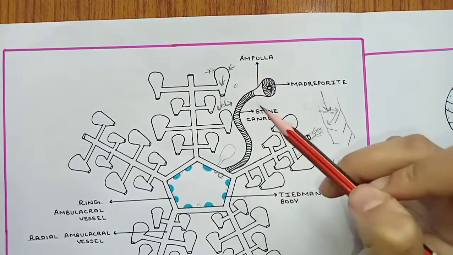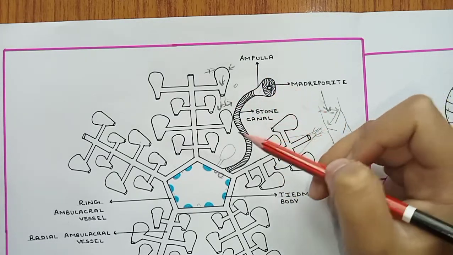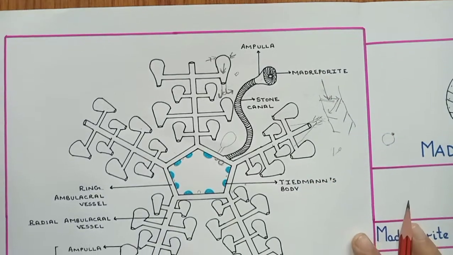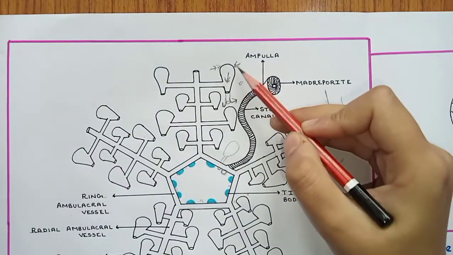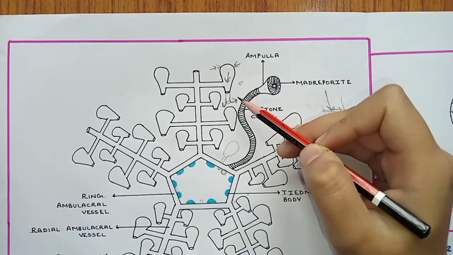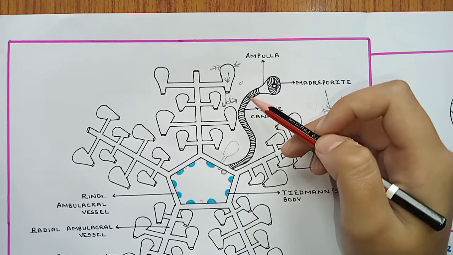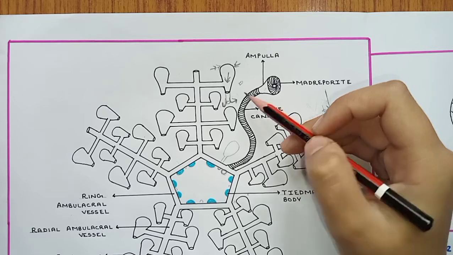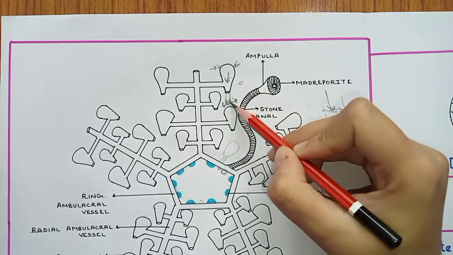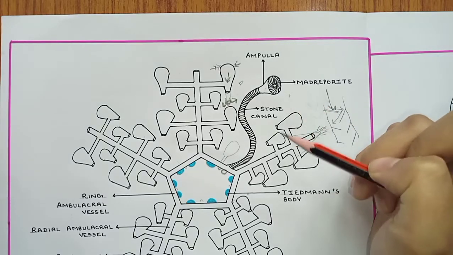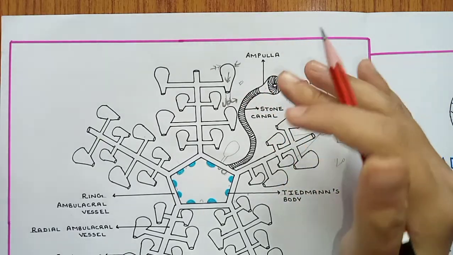So this is the actual function which is known to be the function of the water vascular system. The other functions are that the thin wall of the tube feet helps in exchange of gases and exchange of nitrogenous wastes, and the suckers help in attachment. The suckers are really powerful.